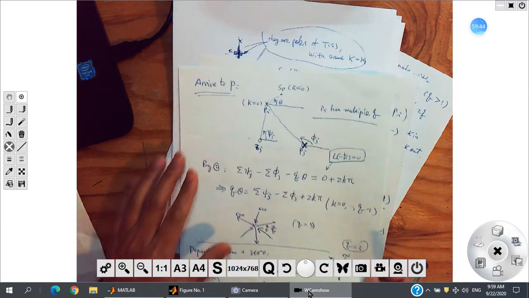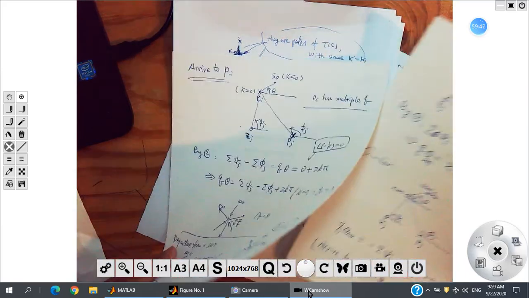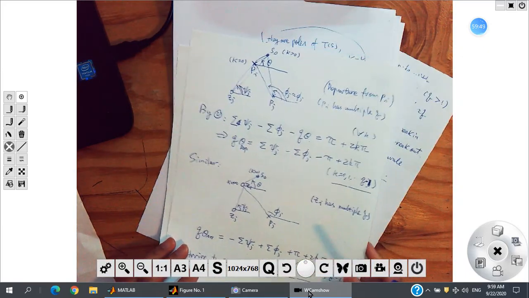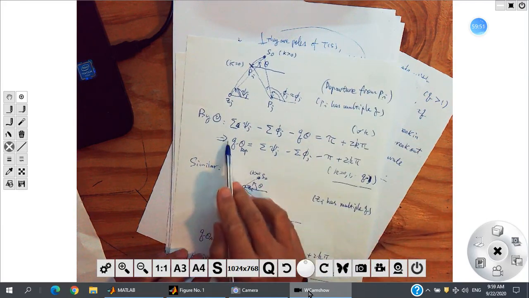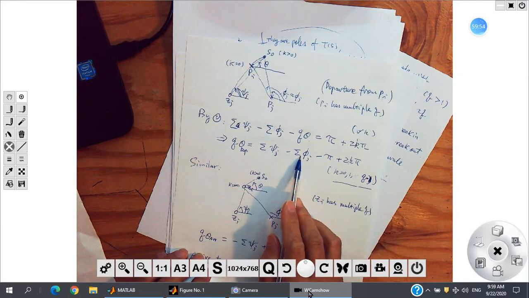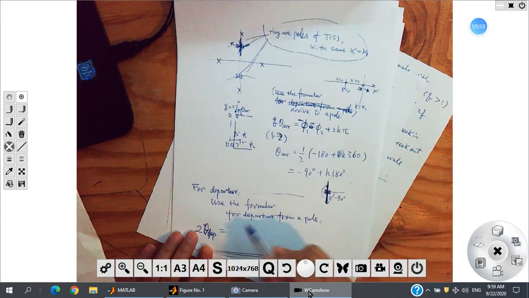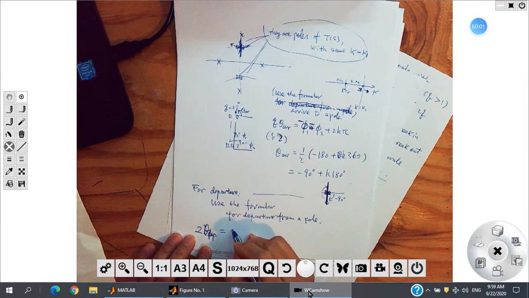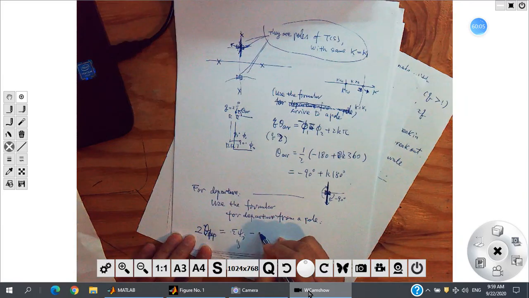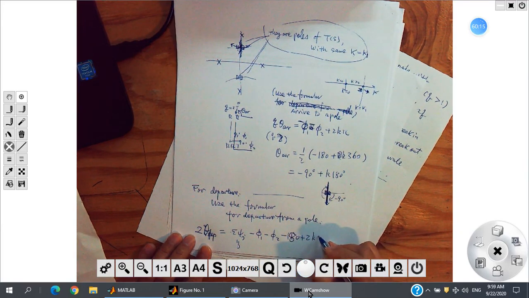Departure from this is arrive. This is departure. Right? Departure from pi. So it's some angle minus phi minus pi, then 2k pi. So we have 2, phi 1 minus phi 2, and minus 180, the pi, and plus 2k times 360.